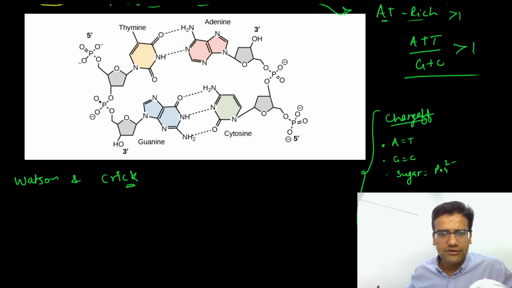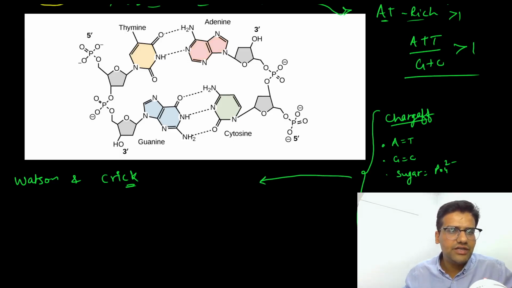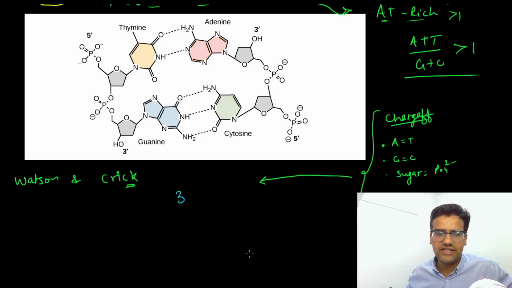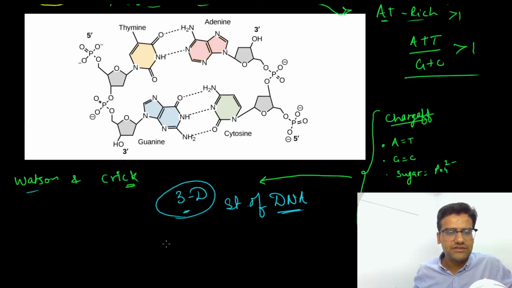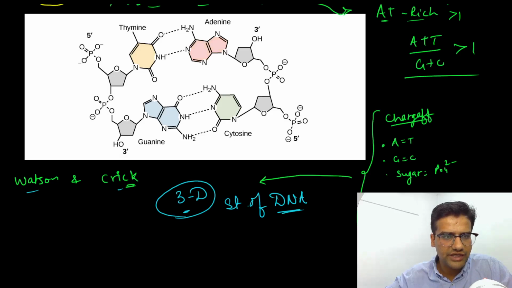Based upon this information, Watson and Crick gave the three-dimensional structure of DNA. In the next class, we will study exactly what the Watson and Crick three-dimensional structure of DNA was.